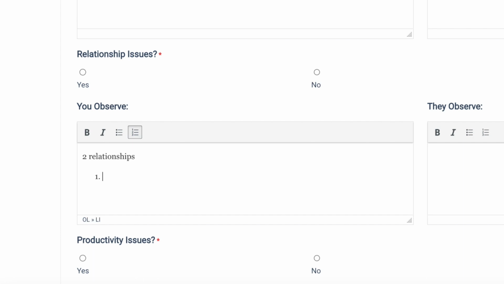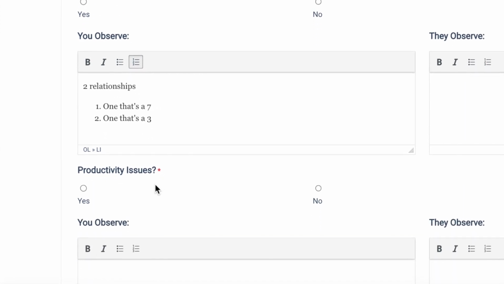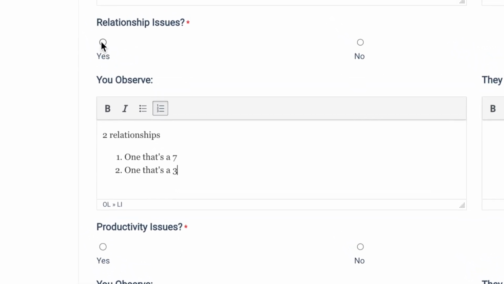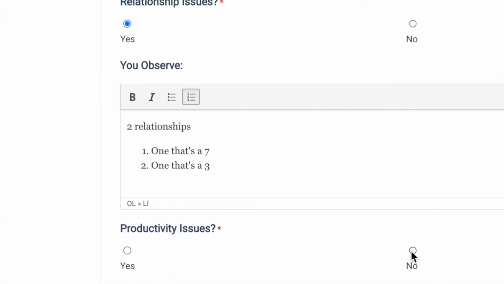And then you might put in the notes, this person has 2 relationships that have unresolved issues. One of them might be scored at a 7, and one of them might be scored at, say, a 3. You don't really want to know the person's name or the story around that score. So you would checkbox yes, they have a relationship issue.